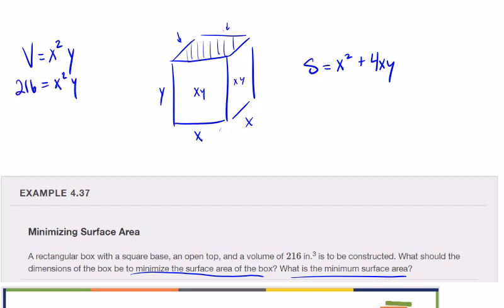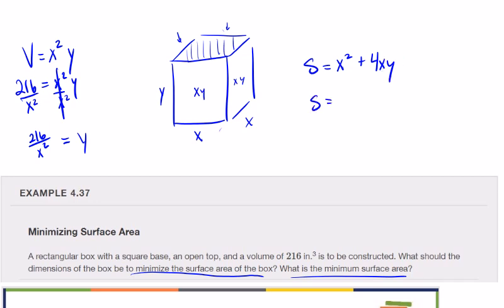What we can do is solve for y. It'd be a little easier than solving for x and having to take a square root. So we divide both sides by x squared, and we get y equals 216 over x squared. Now I can plug that in here for this y.